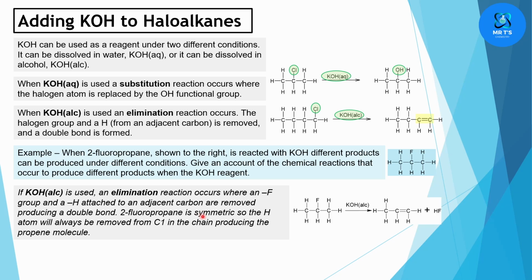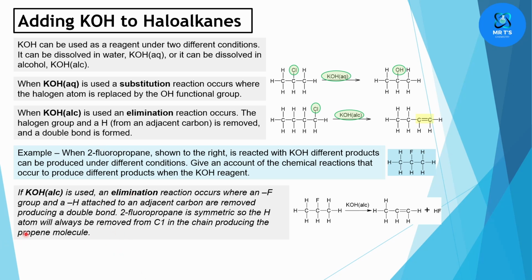So we have this reaction scheme here. If I want to do this fully, I'm going to write the conditions, that it's potassium hydroxide dissolved in alcohol. The type of reaction, I'm going to draw the reaction scheme and I'm going to name the product.